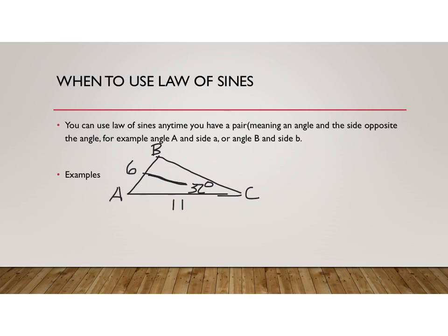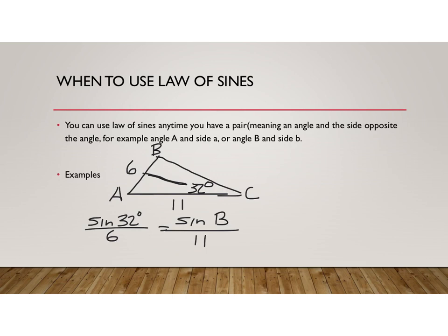We've got this angle C and we have side C. We don't know angle B, we do know side B to be 11. So according to the formula I can do sine of 32 degrees is to 6 as the sine of angle B is to 11.